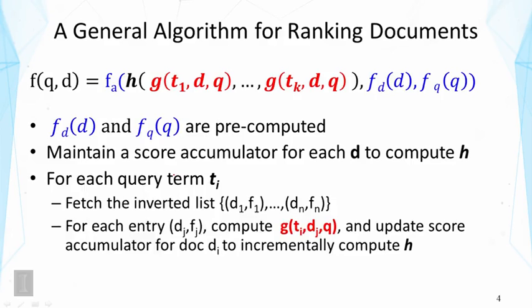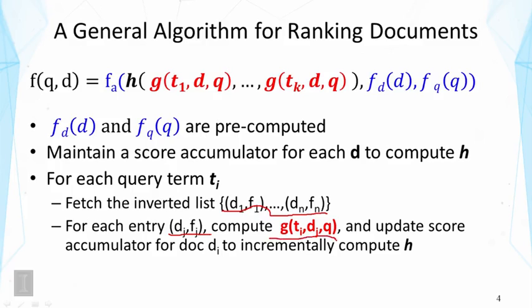Well, for each query term, we're going to fetch the inverted list from the inverted index. This would give us all the documents that match this query term. And that includes d1, f1, and through dn, fn. So each pair is a document ID and the frequency of the term in the document. Then for each entry, d sub j and f sub j, a particular match of the term in this particular document, d sub j, we're going to compute the function g.